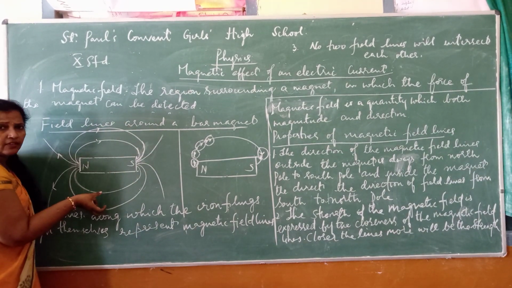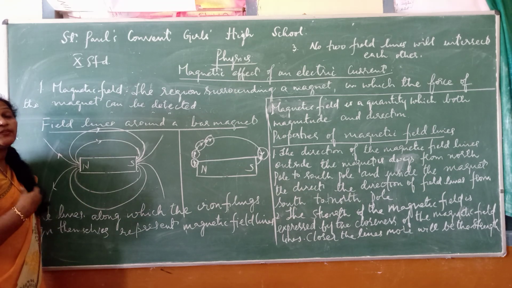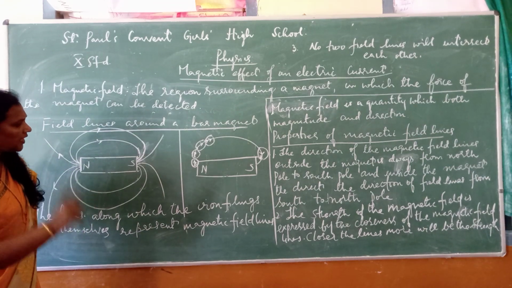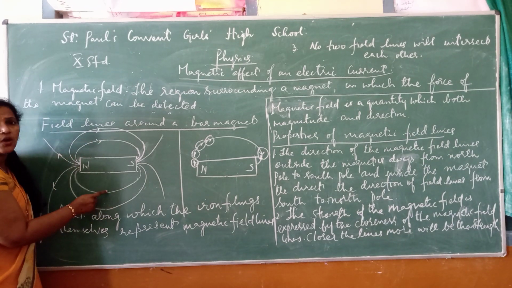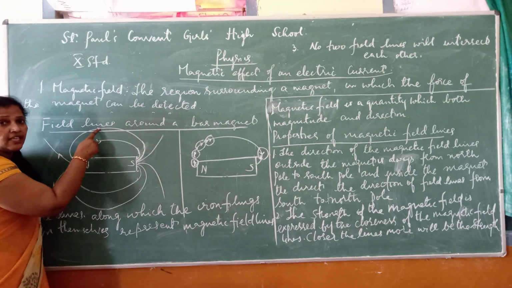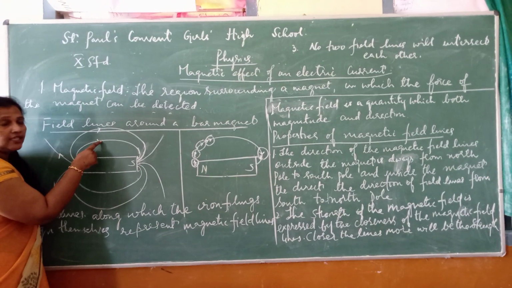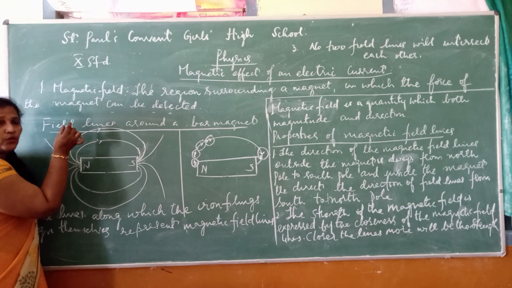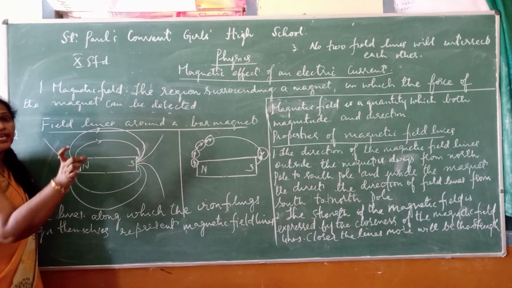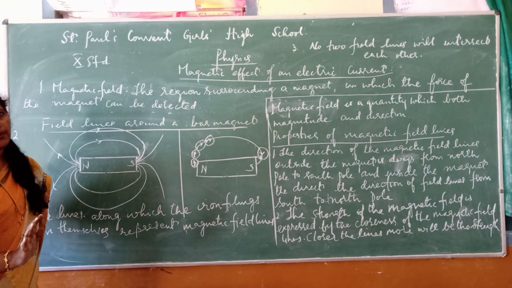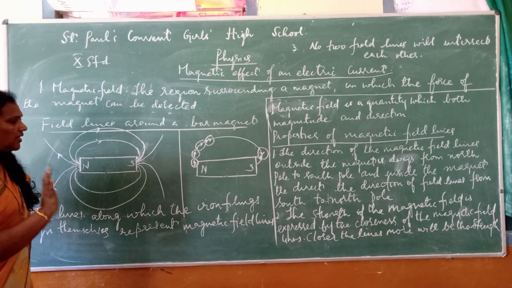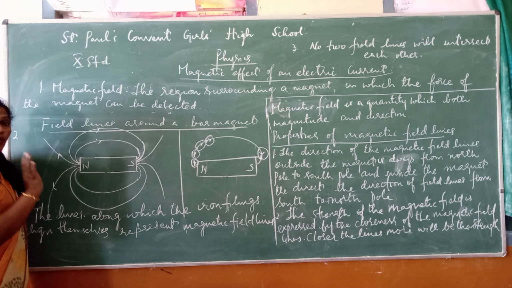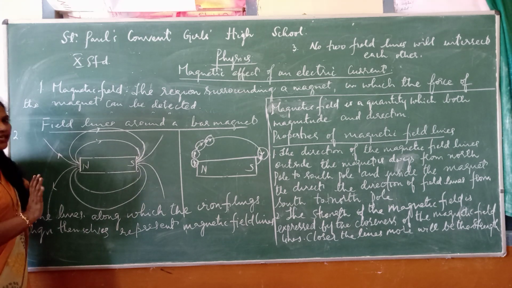The closer the curved lines are, the more the strength will be. And you can also observe that these magnetic field lines will never cross each other, they never intersect. Magnetic field always has both magnitude and direction.